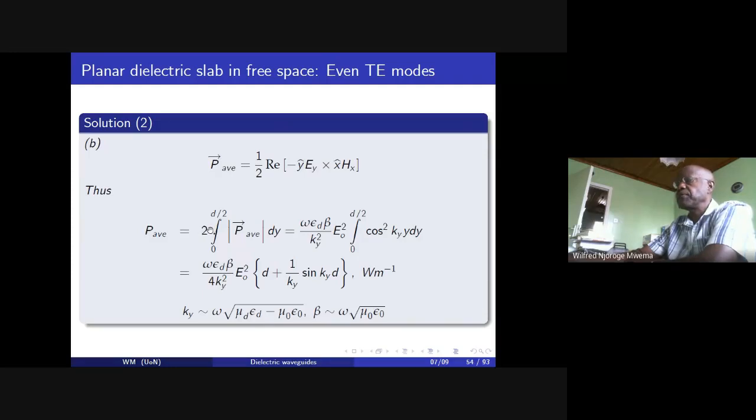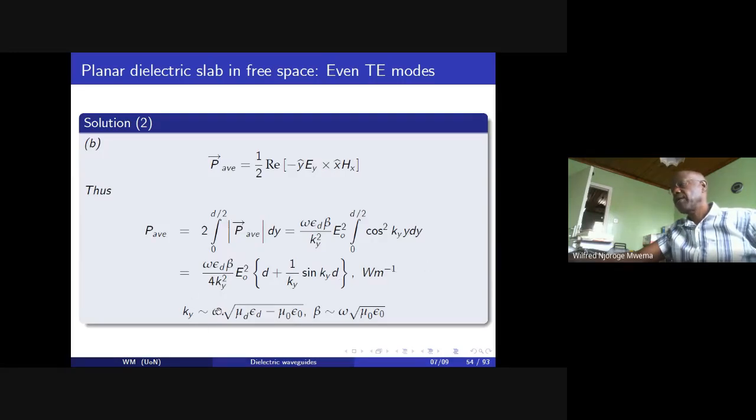So we are assuming that the width of the dielectric is unity, and therefore we don't have to integrate in that direction, because, as we said, there were no variations in the x direction. So we have this integral from 0 to d by 2, integrating the time average Poynting vector in the y direction, and we get a value of that in watt per meter.